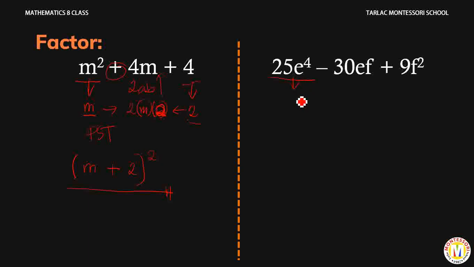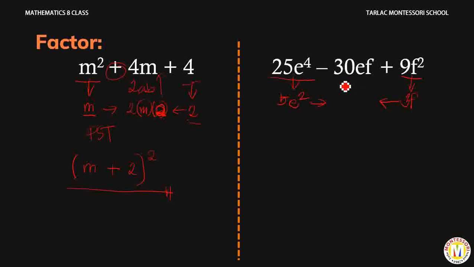If it's a perfect square number, then we can extract its square root, and this will become 5e squared. The last term, 9f squared, is also a perfect squared number. So we can also extract its square root, which will be 3f. So now we have the two factors, the square root of the first term and the square root of the second term.